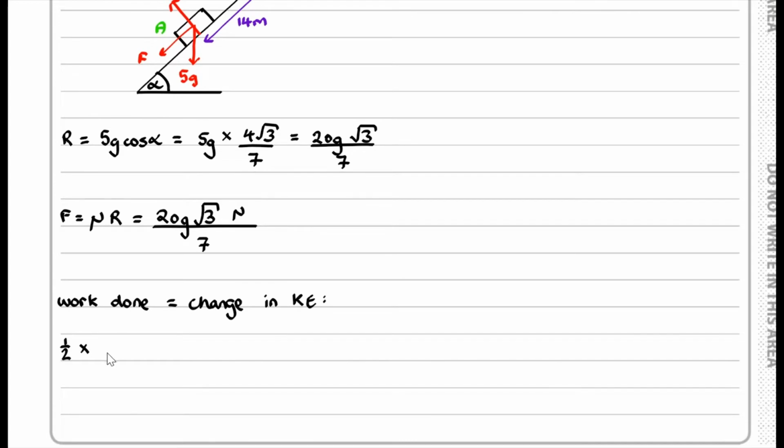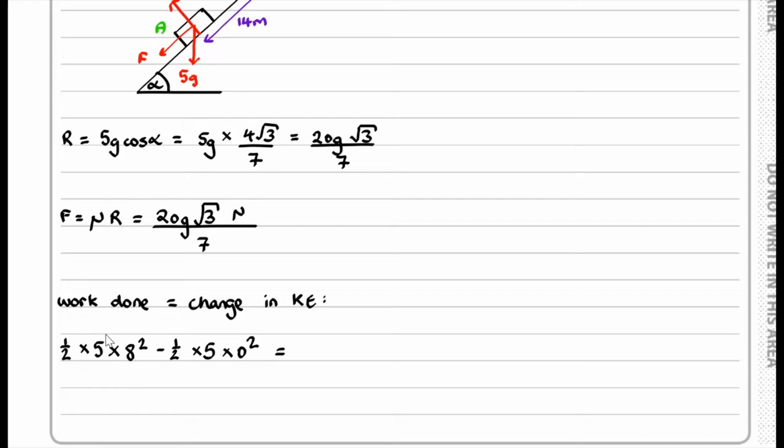So the loss in kinetic energy is equal to the work against gravity and the work against friction. So we have 1/2 times 5, that's the mass, times 8 squared, that's the initial speed. Then of course we subtract off 1/2 times 5 times 0 squared.